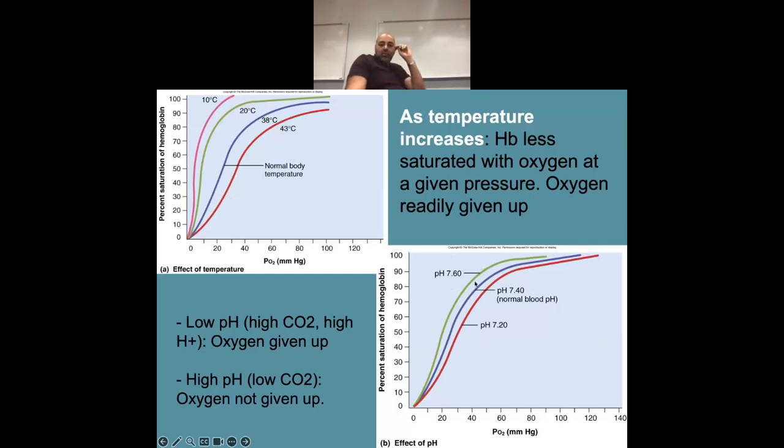Same thing with pH. If we're working, we're generating hydrogen ion, so we unload it earlier. Versus if we're not working, we're more alkalotic, then we unload later or less aggressively.